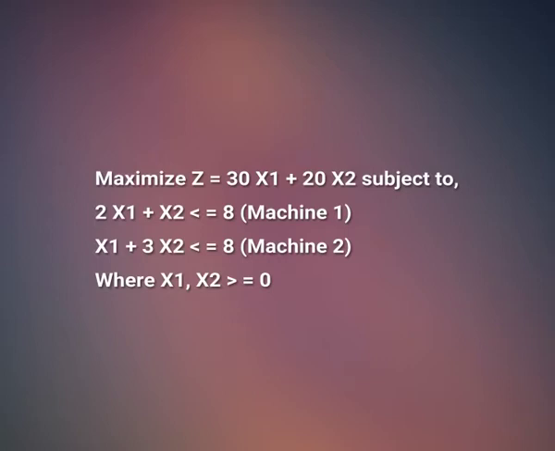Maximize z equals 30 x1 plus 20 x2 subject to 2 x1 plus x2 less than or equal to 8. It is for machine 1. x1 plus 3 x2 less than or equal to 8. It is for machine 2, where x1, x2 are greater than or equal to 0.